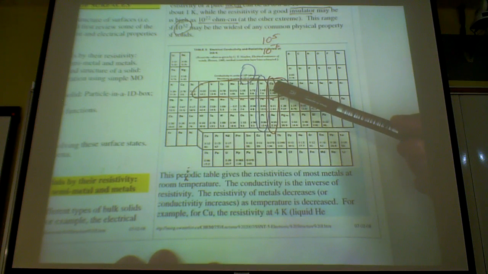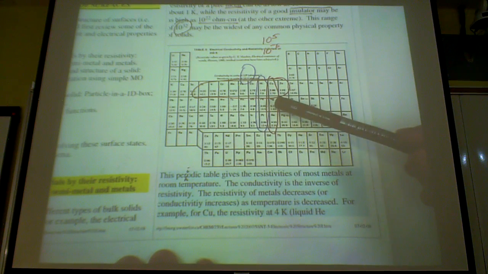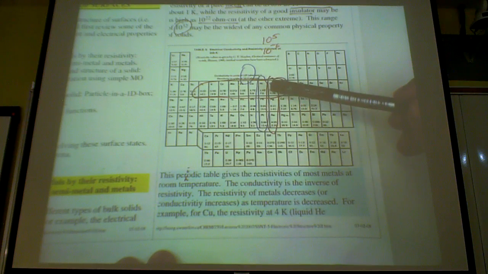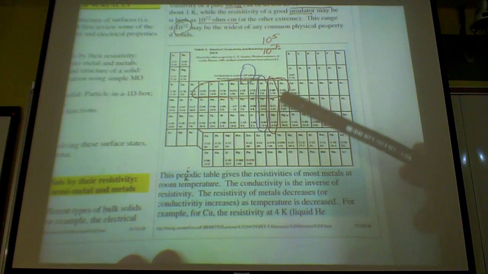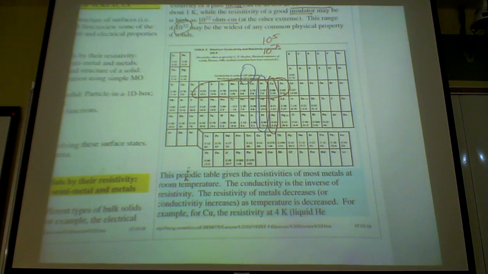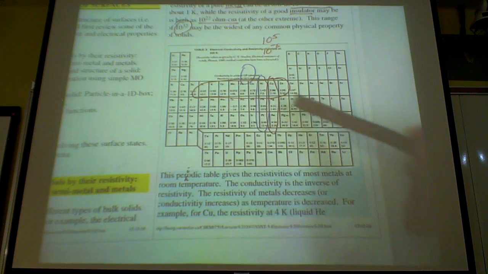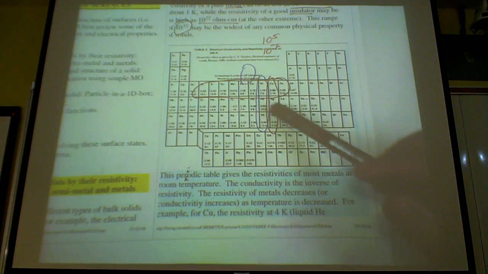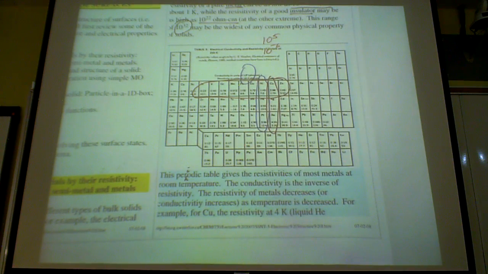You have 5.8, 5.9 for copper, 6.2 for silver, and 4.6 for gold, right? All of them are very good, and copper in particular. People use copper because it's highly conducting, it's the second highest conducting material, and it's cheap, right? You could have used silver if silver were cheaper than gold, but silver is not cheaper than gold, so people go for copper. So that's why we have copper wire in our house, because it's a highly conducting material.